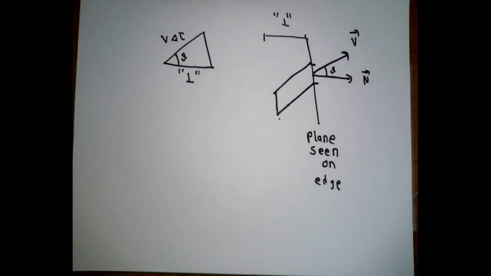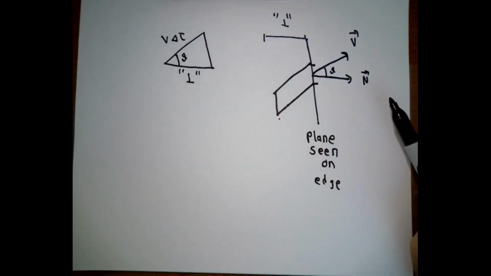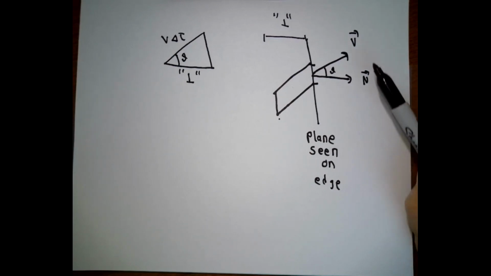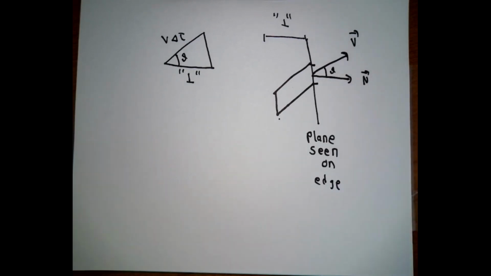So I need to know this perpendicular height. The angle between what appears to be horizontal in this picture, the angle between the n vector and the v vector, is what I'm going to call theta here. I'd like to express this perpendicular distance in terms of theta.